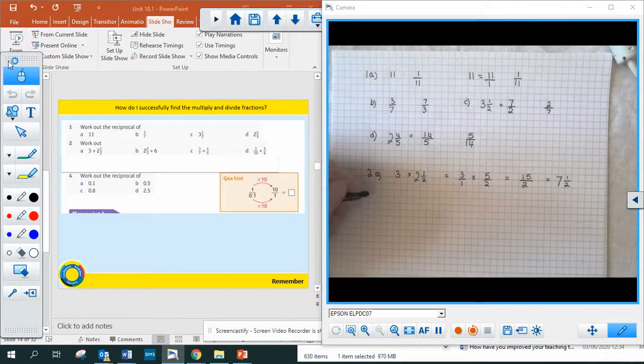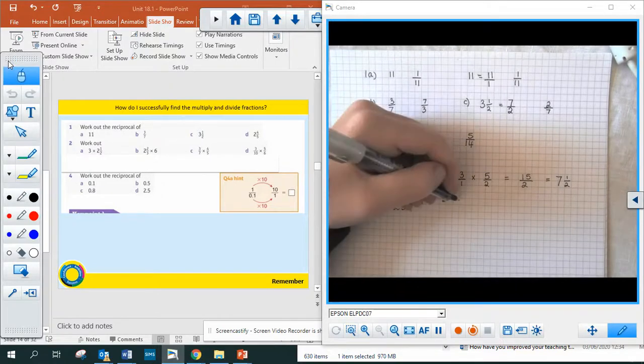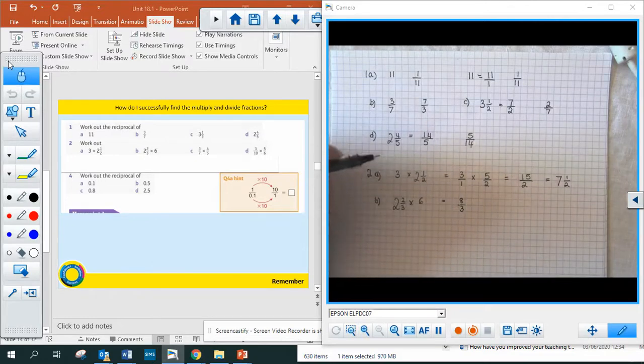Okay? 2b, we have 2 and 2/3 multiplied by 6. So once again, I'm going to change this mixed number into an improper fraction. 2 times 3 is 6, plus 2 is 8. So 2 and 2/3 is equivalent to 8/3.